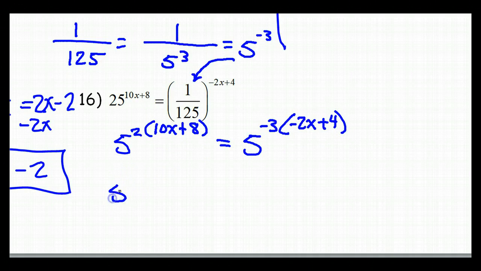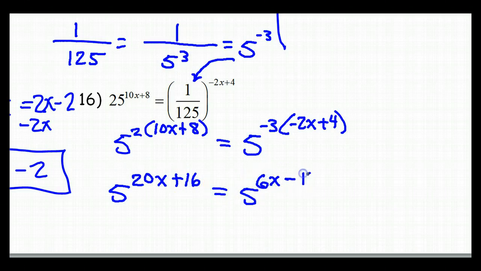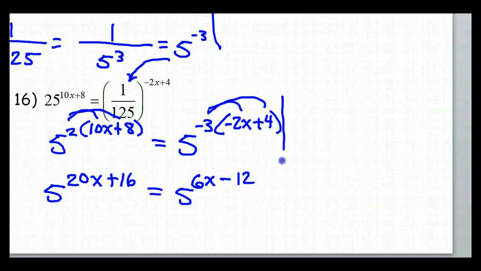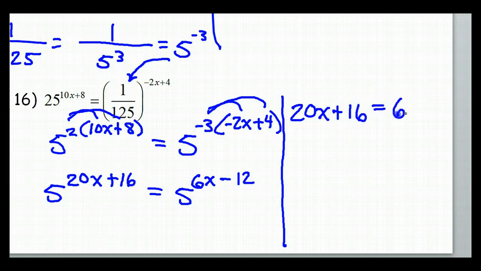So that's going to give me 5 to the 20x plus 16 power is equal to 5 to the 6x minus 12 power. In both cases, I did the distributive property. Now that the bases are finally the same, I can set the exponents equal to each other. So that means that 20x plus 16 will equal 6x minus 12.